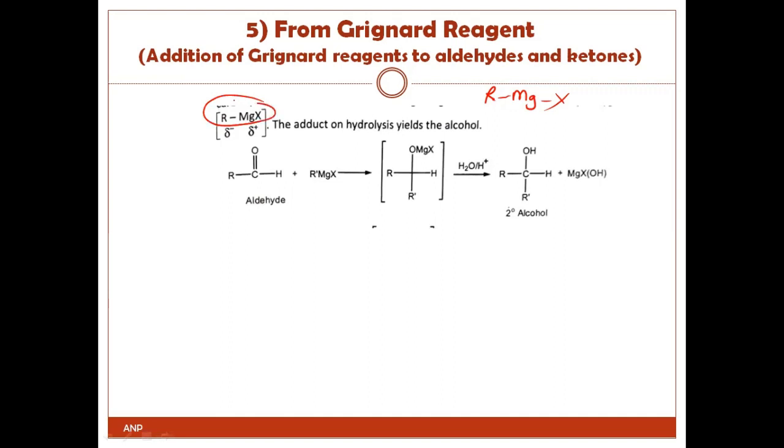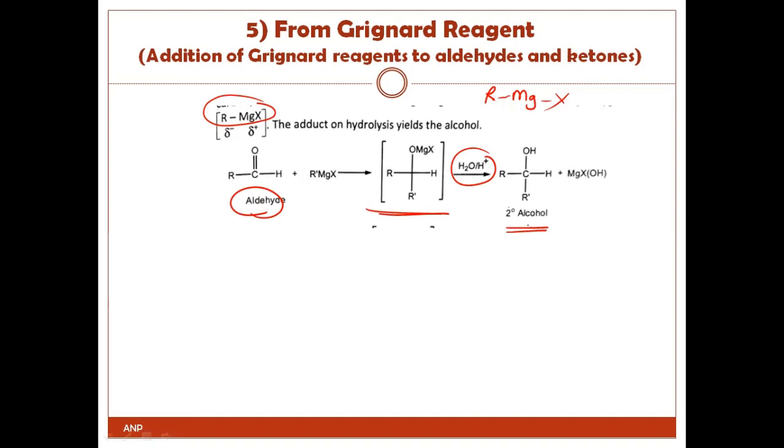Grignard reagent reacts with aldehyde or ketone to form an addition product, which on hydrolysis with dilute acid gives the corresponding alcohol.